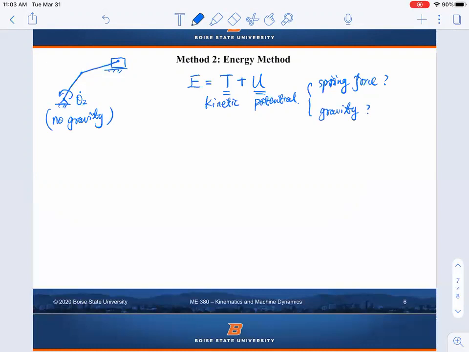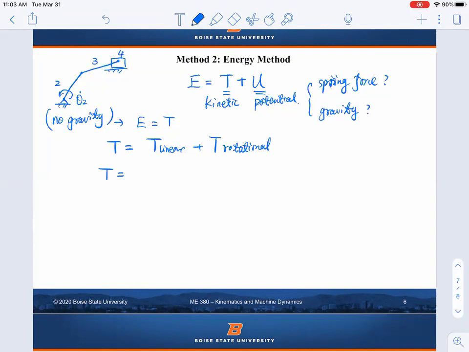So E equals kinetic energy only. What is the kinetic energy? Your kinetic energy equals T linear plus T rotational. You have both linear motion and rotational motion, so your kinetic energy has 2 components. You have link 2, link 3, and link 4.